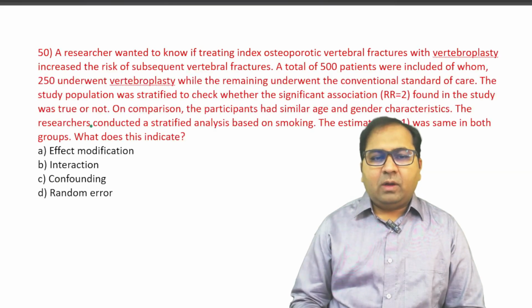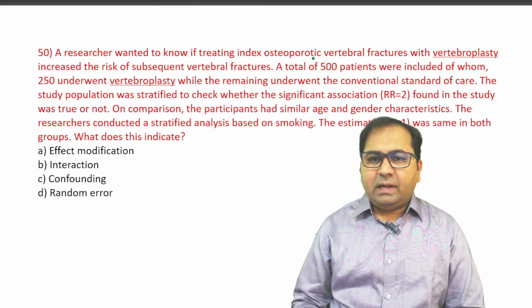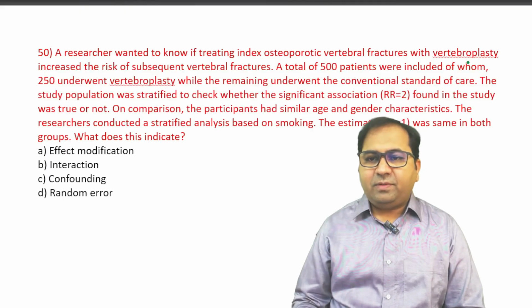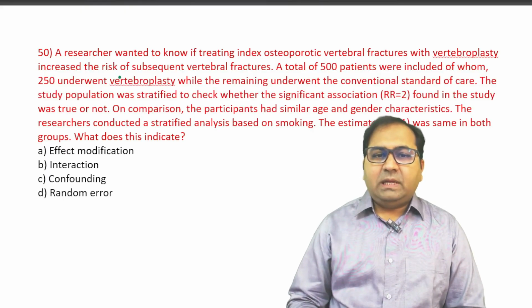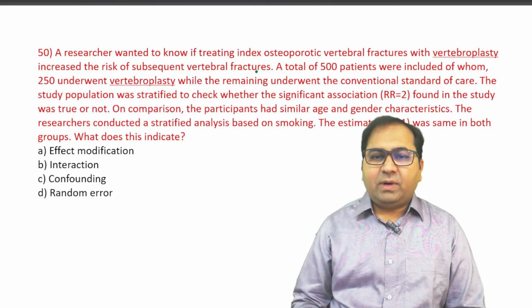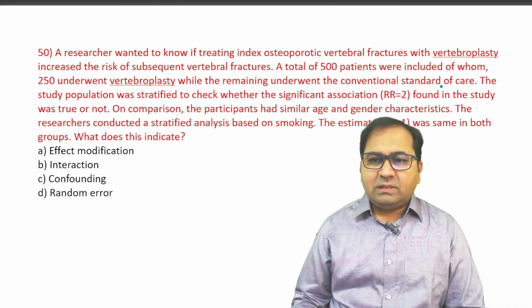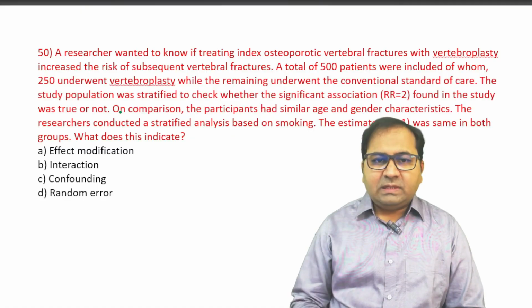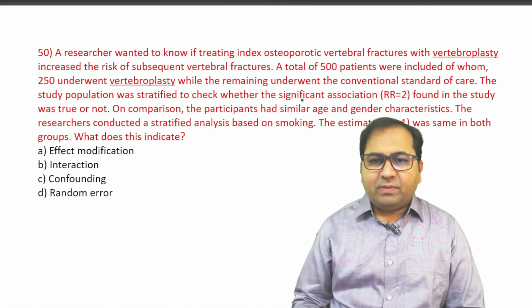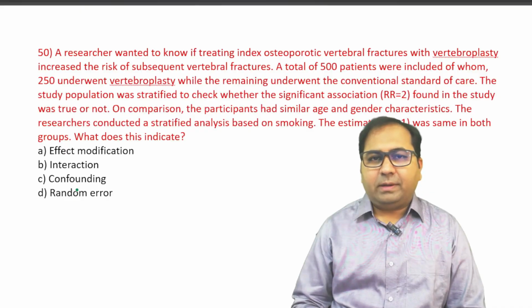Now let us see the last question. A researcher wanted to know if treating index osteoporotic vertebral fractures with vertebroplasty increased the risk of subsequent vertebral fractures. A total of 500 patients were included, of whom 250 underwent vertebroplasty while the remaining underwent the conventional standard of care. The study population was stratified to check whether the significant association found in the study was true or not.